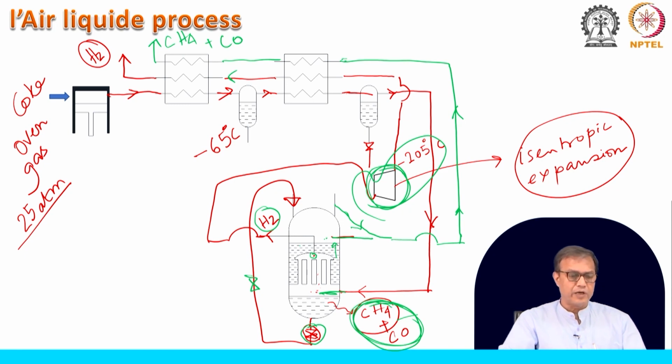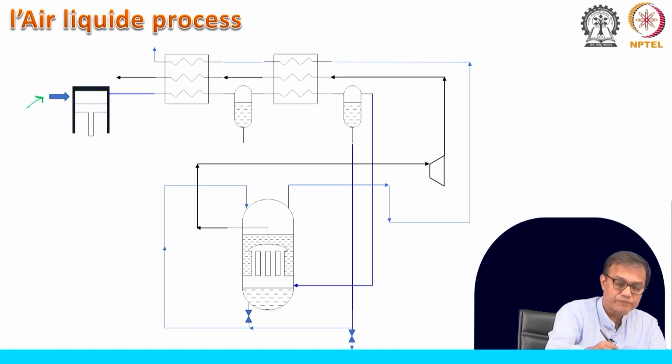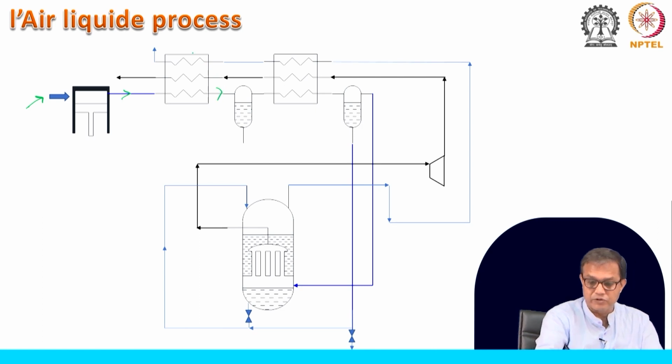Now, in both the Air Liquide process as well as in the Linde-Braun process, we have seen there is something called a condenser evaporator. It is of course a 2D figure which may be a bit difficult for you to realize, so let us first look into this Air Liquide process as a whole. So, this is how it is. We have the coke oven gas, it is getting compressed and then it is cooled with the help of this 3 stream exchanger.